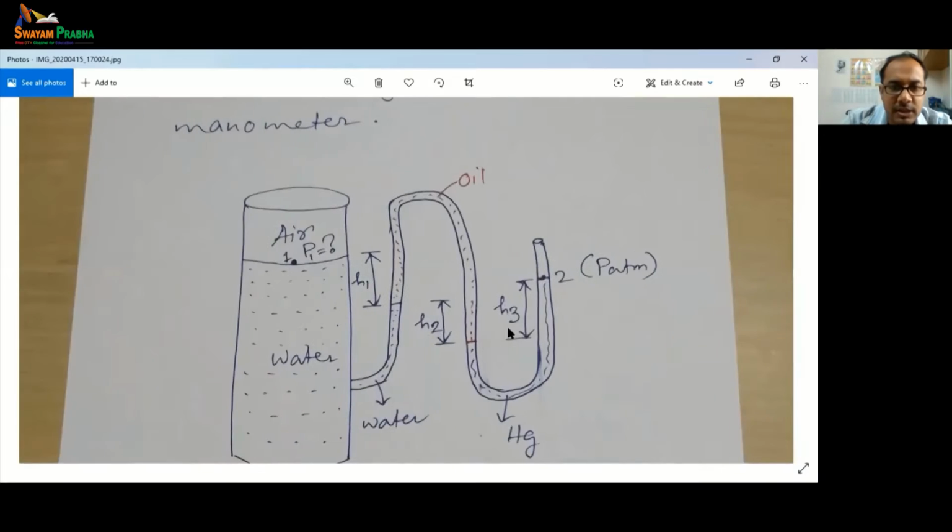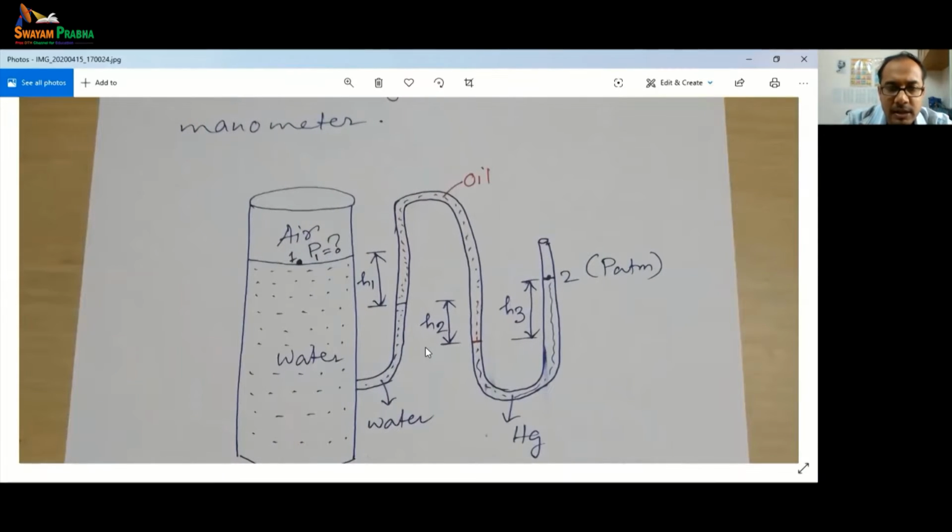The important column heights are given here. H1 is the distance from the top of the water column in the tank to the top of the water column in the manometric tube.